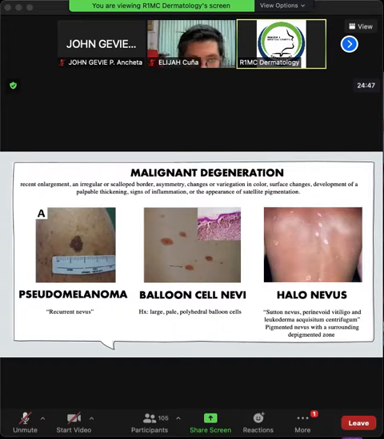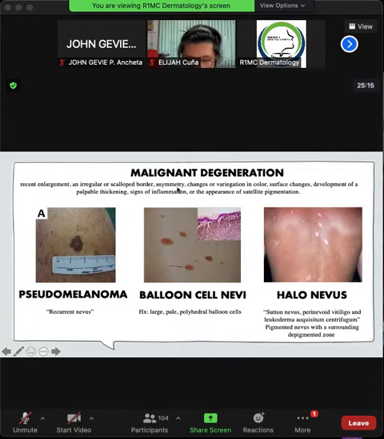So actually almost half of our melanomas occur in pre-existing nevi, and an increased number of nevi represents a risk factor for your melanoma. So the signs of your malignant transformation in pigmented nevi are recent enlargement, irregular or scalloped border.